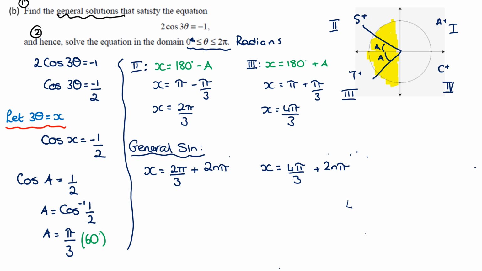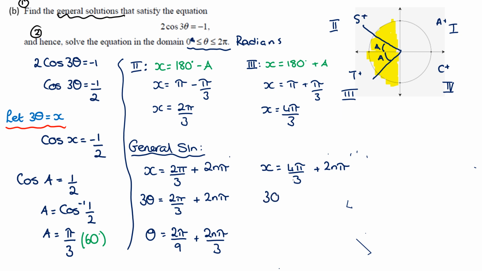Now, the question did not give us x, they actually gave us theta, so we're going to have 3 theta equal to 2 pi over 3 plus 2n pi. And that gives us theta is 2 pi over 9 plus 2n pi over 3.